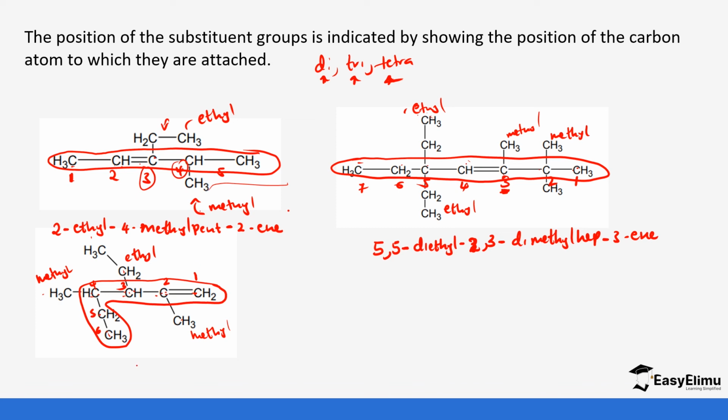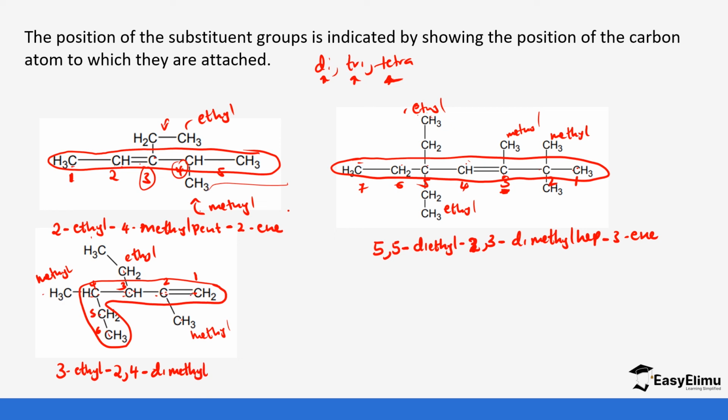When we start naming, we start with ethyl because alphabetically it begins. There's one ethyl at carbon number 3, so it's 3-ethyl. And remember there are 2 methyls, one at carbon number 2, the other at carbon number 4. So you indicate that, so it's 2,4, and there are 2. Remember we use the word di, so it's dimethyl.